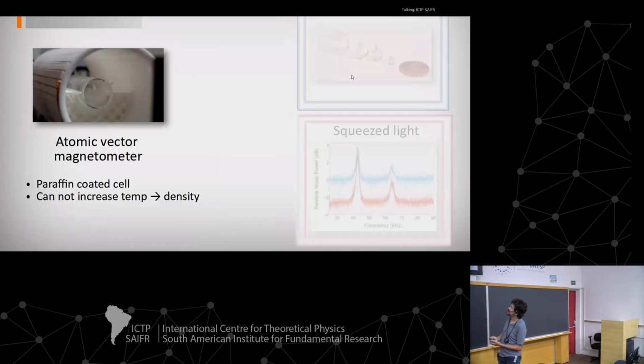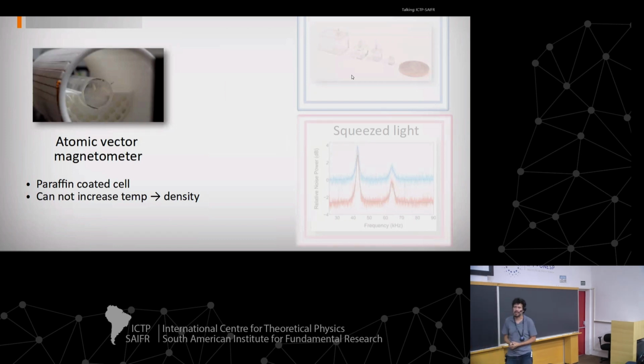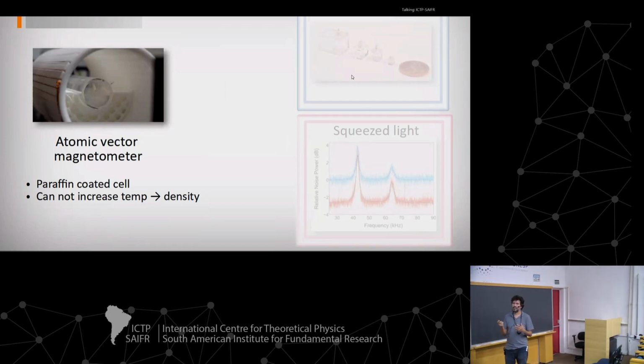So this is what we show, but there are some drawbacks and some points that we need to improve. So this was at room temperature with some kind of vapor cells. But in order to increase the sensitivity, to actually reach sensitivity down to femtotesla, we need to use two strategies.